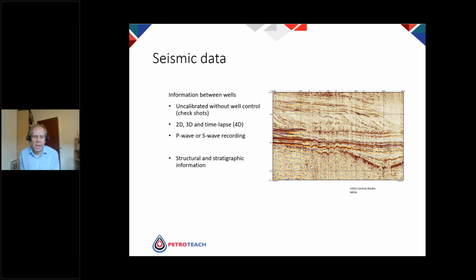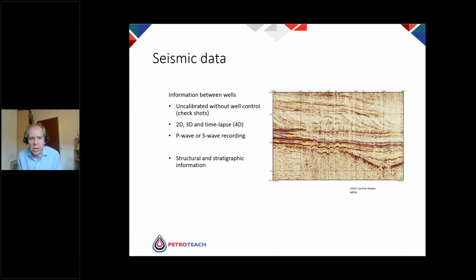And I might have different types of seismic data: 2D data, 3D data, time-lapse data. It's very important that if I'm going to relate my seismic reflection amplitudes to my well logs, it all matches up in terms of amplitude. To do that, I need to have what's called true amplitude seismic.